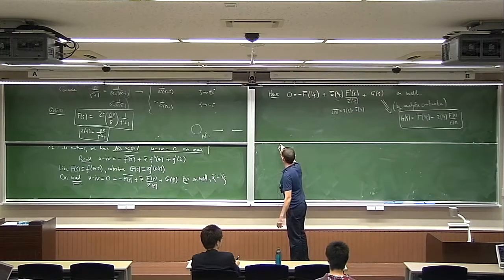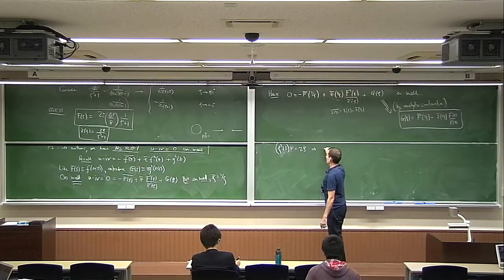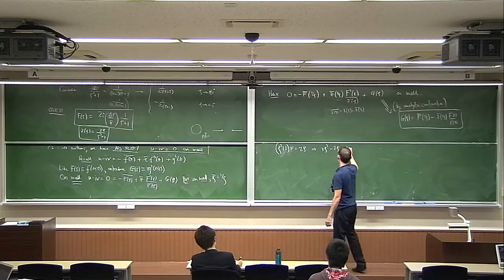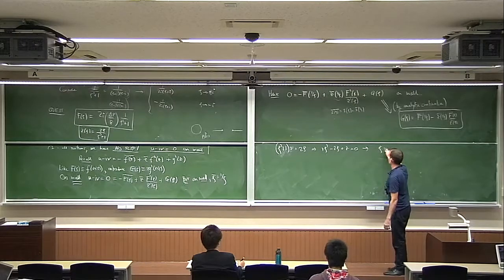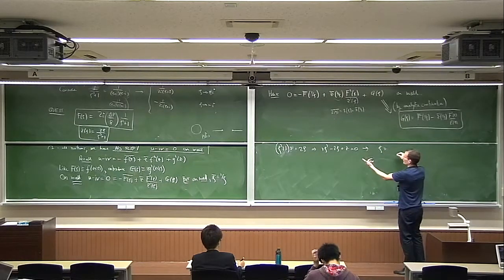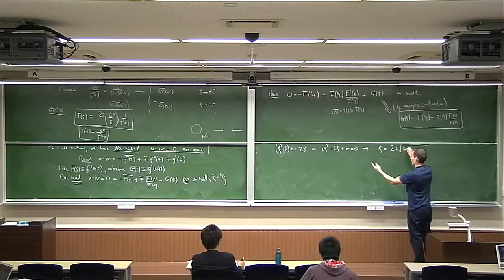What is it? Zeta squared plus 1 over z is 2 zeta, which is z zeta squared minus 2 zeta plus z. It's quadratic for zeta. Aha!